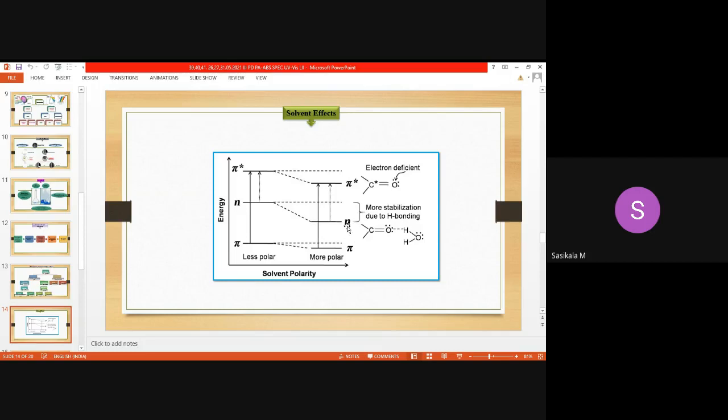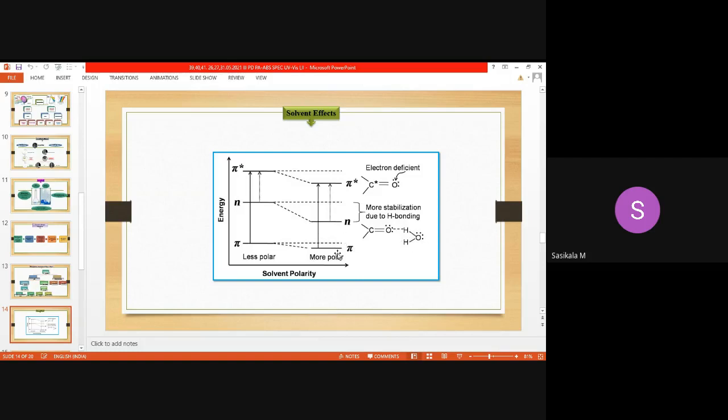That's why n electrons will go only to the pi star level, from ground state to excited state. It cannot go to a higher energy than pi electrons, due to stabilization of this group by intermolecular hydrogen bonding with the polar solvents.